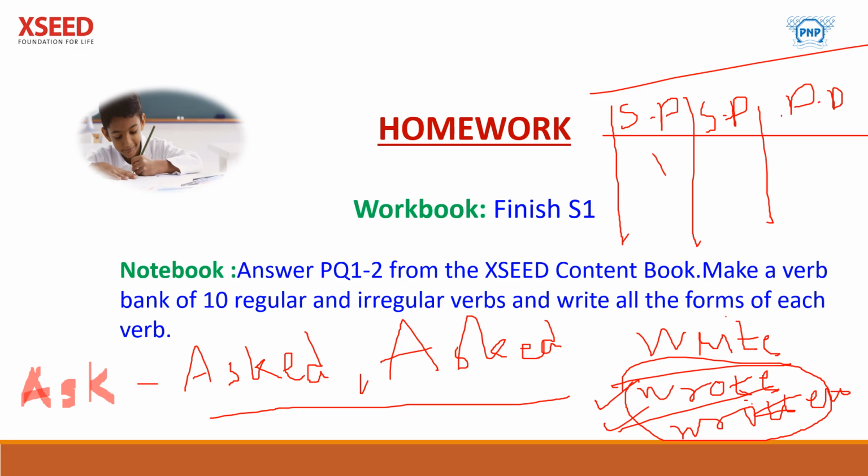This is V1, V2, and V3 you have to do. Understood this much? Very nice. It is not possible to write clearly with the help of a mouse, so please try to understand. In case you are not getting anything, please call me or message me, I'll help you.